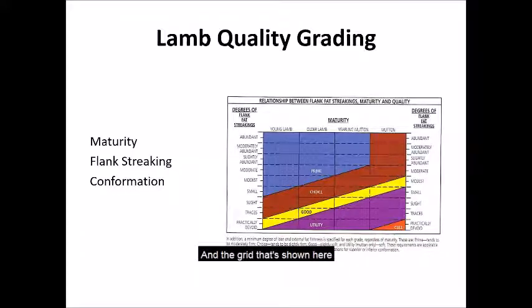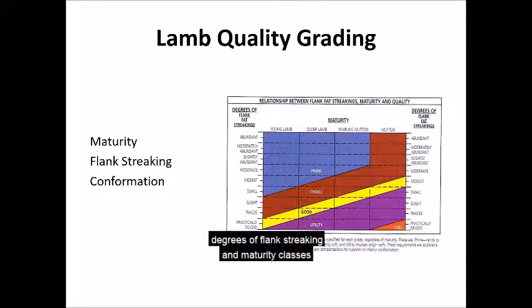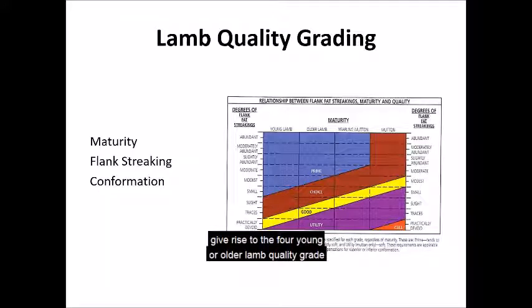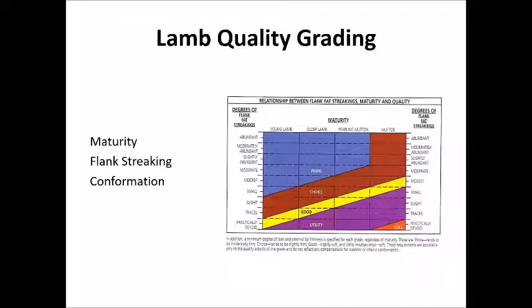And the grid that's shown here, a matrix of degrees of flank streaking and maturity classes, give rise to the 4 young or older lamb quality grade classes that we talked about: prime, choice, good, and utility. Okay, but let's dig into them a little bit further.